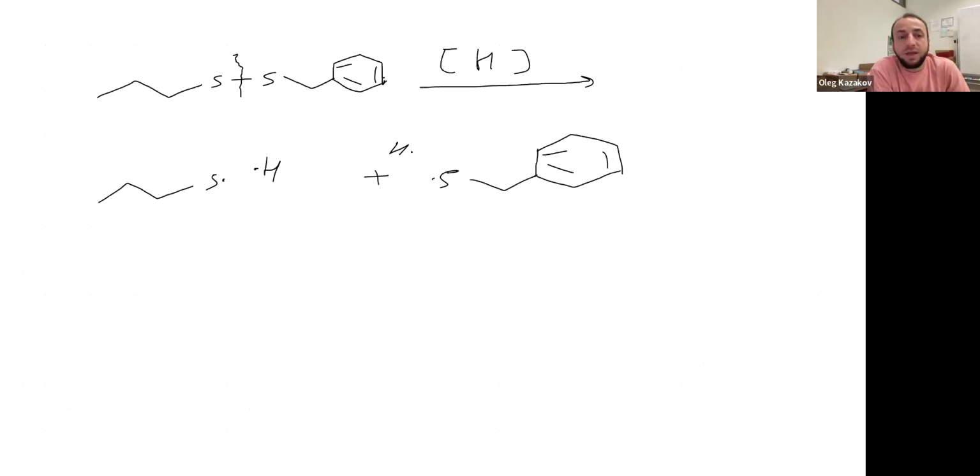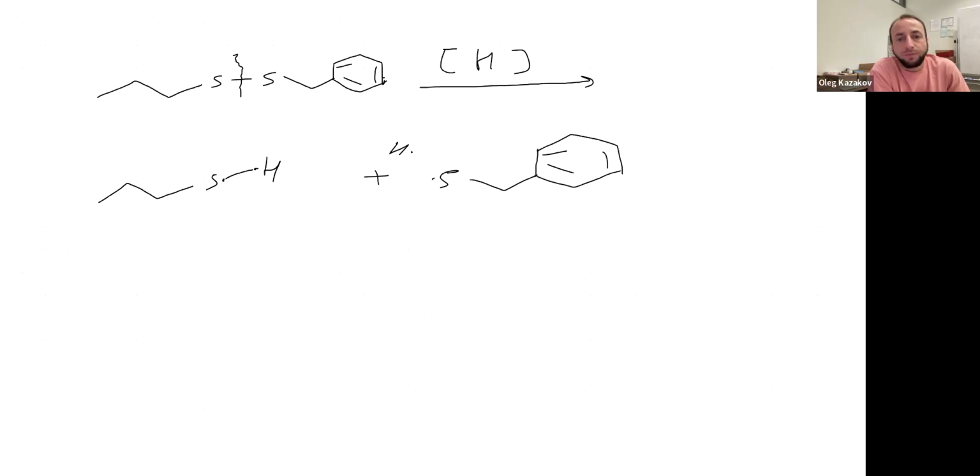And the final bonds here will be S-H, like this. So you see, it's going to be the covalent bond: one electron from sulfur, one from hydrogen. One electron from sulfur of the other piece of the former disulfide, and one electron from the hydrogen brought into the reaction by presumably the reducing agent.